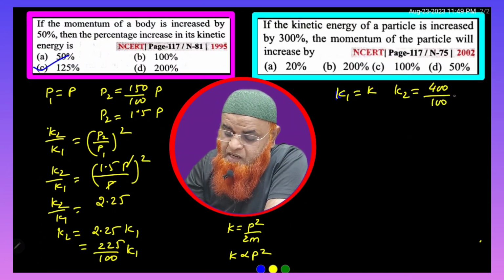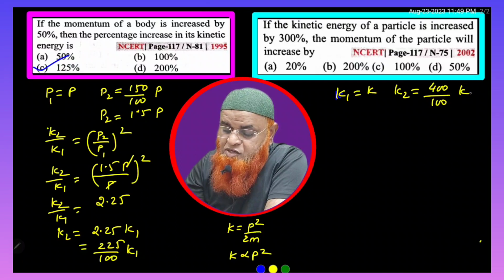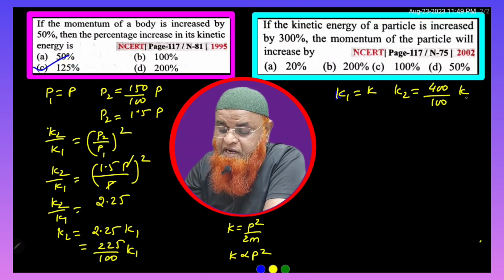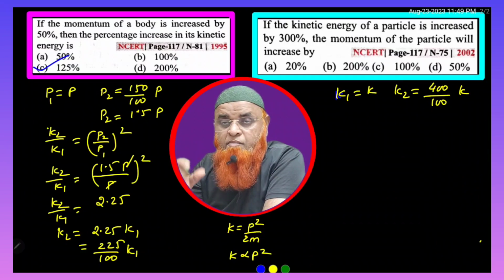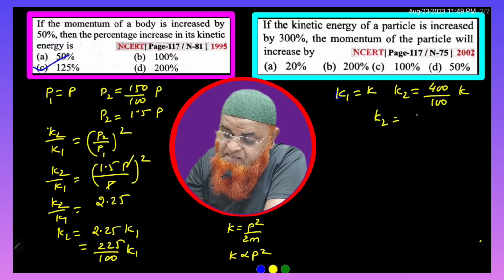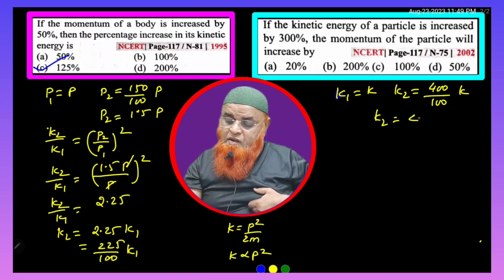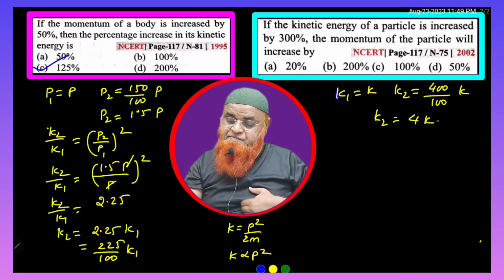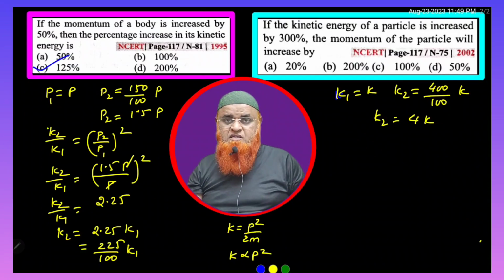So K2 is nothing but K1 into 400 by 100, this implies that K2 can be considered as 4K. 4 times. That is the meaning here.